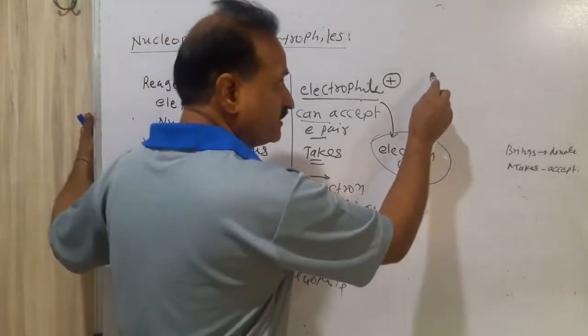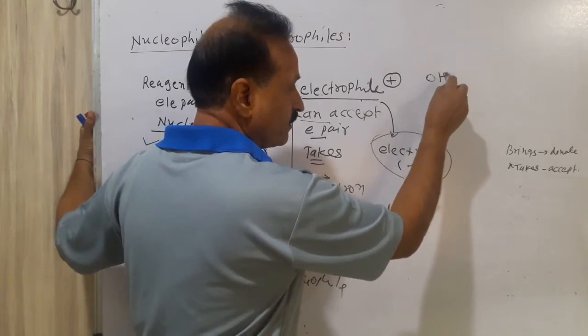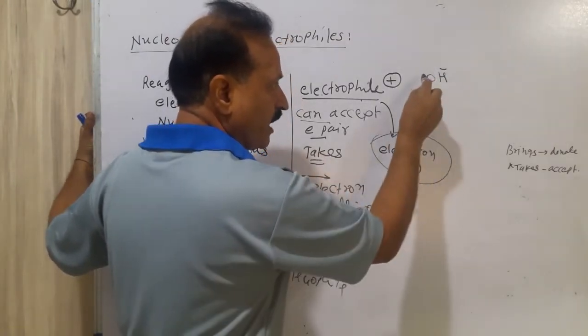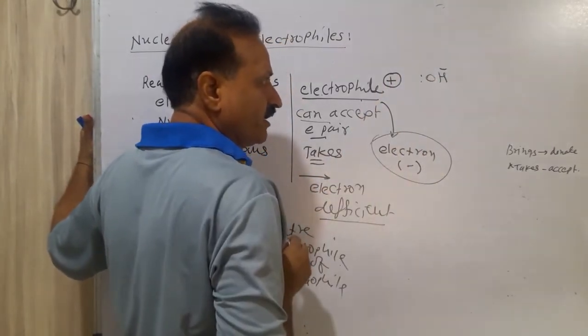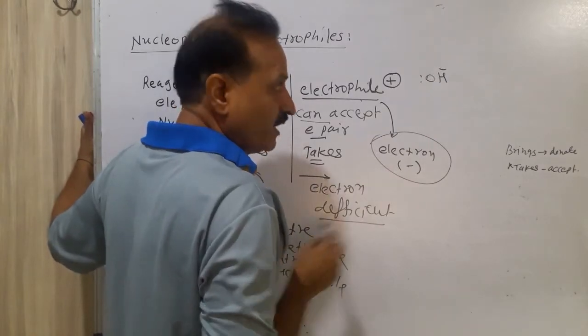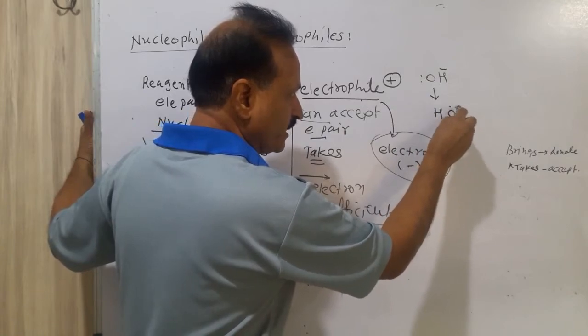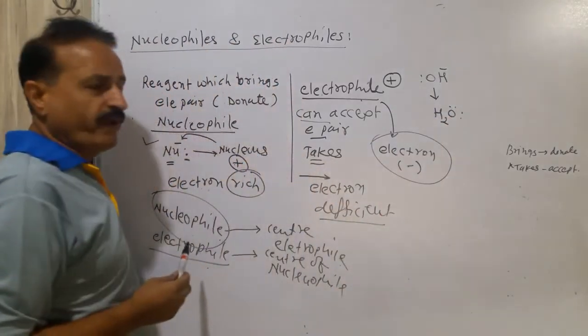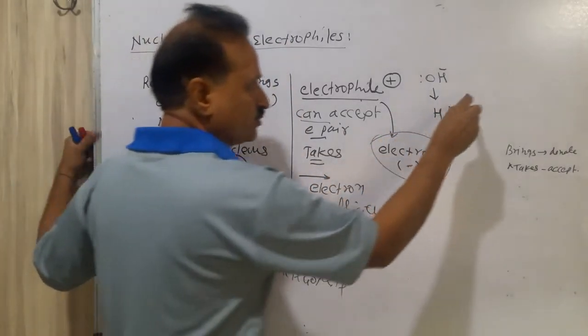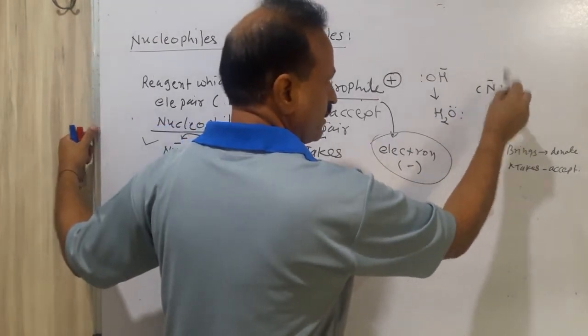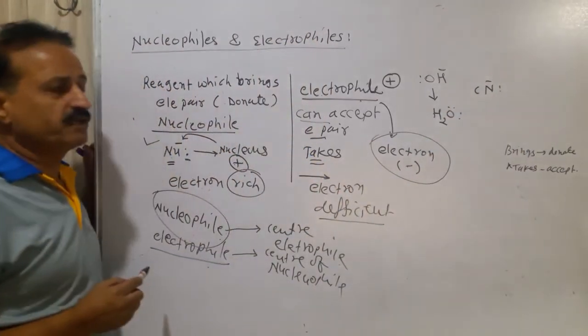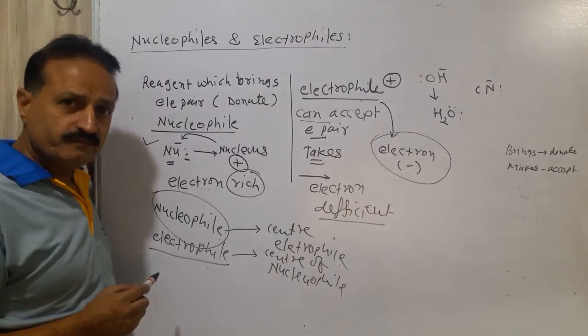Nucleophile is always electron rich reagent, so hydroxide ion is electron rich. It can also be neutral. Suppose it is H2O, there is electron pair present. Cyanide is also CN minus, electron pair present on it.